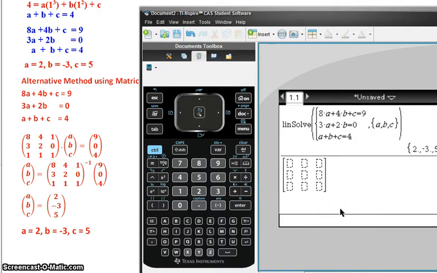So I'm going to enter the numbers. So I've got 8, 4, 1, 3, 2, 0, 1, 1, 1.